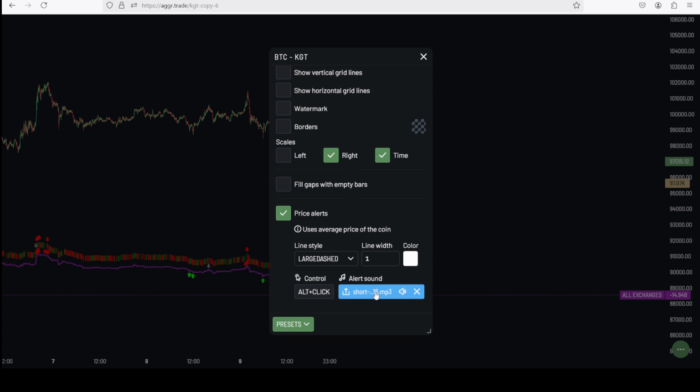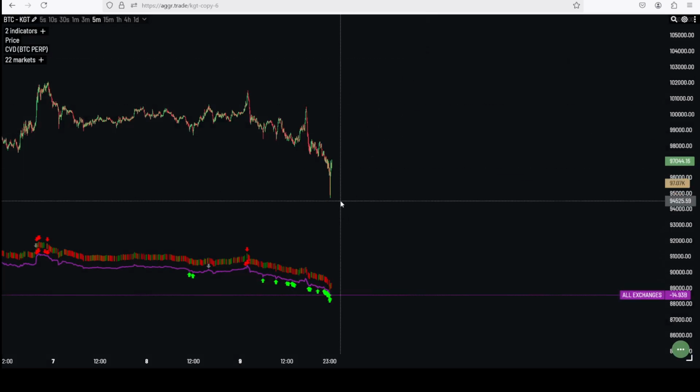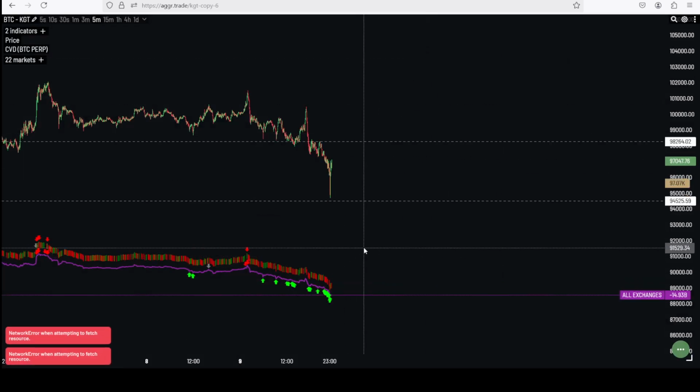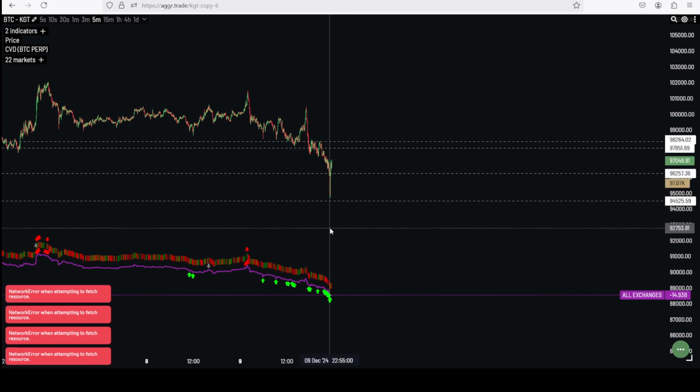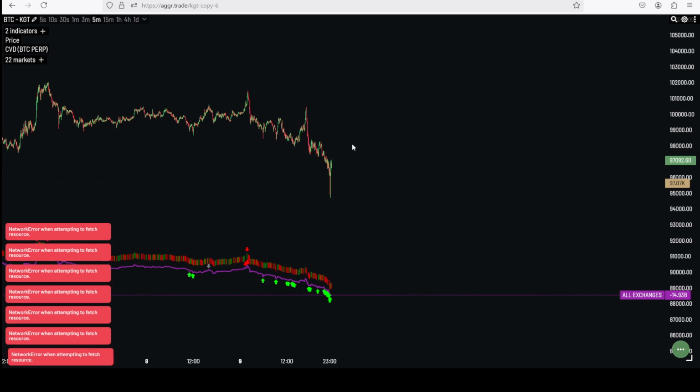You have to upload a kind of beep for the alarm sound. For example, I have this as an MP3. I just downloaded it from a website and then uploaded it, guys. You will get this as an alarm by just pressing Alt and clicking at any price. You will get an alarm once the price hits this line.